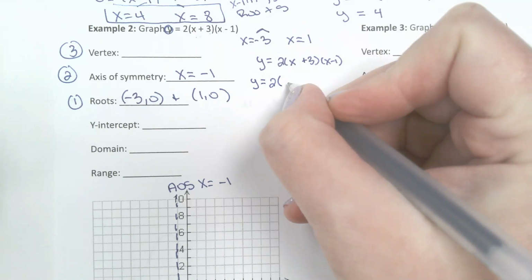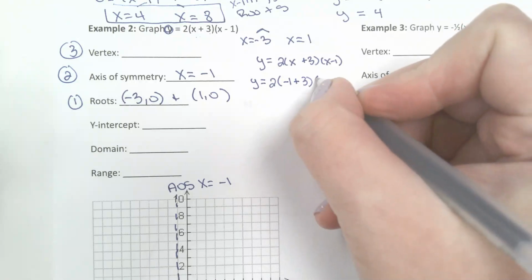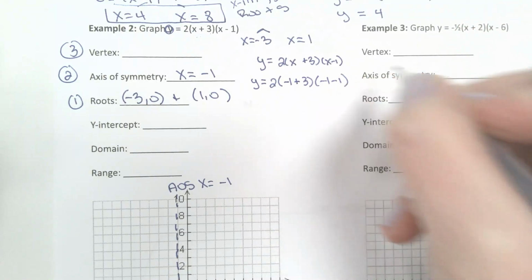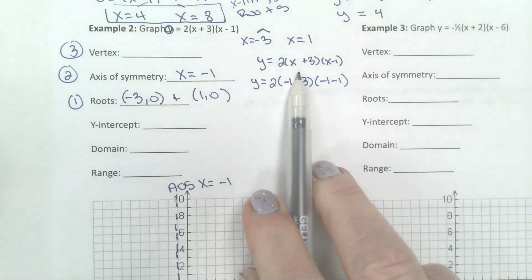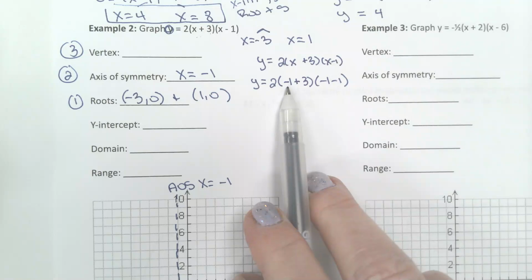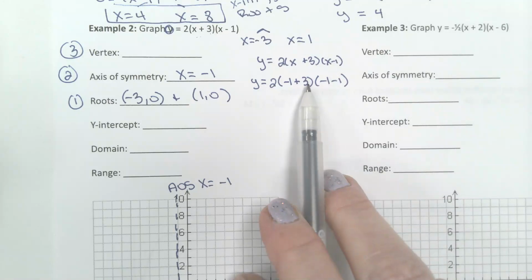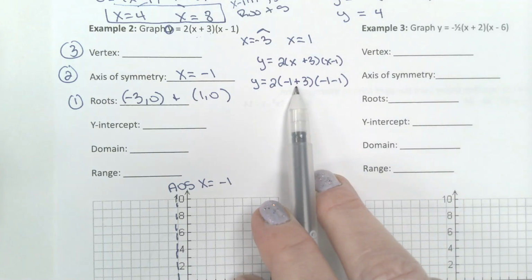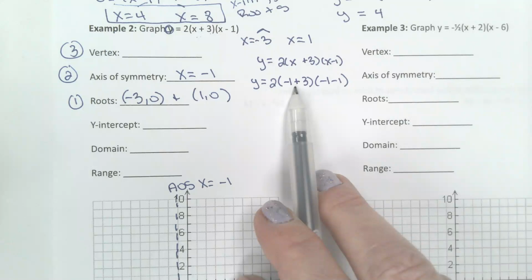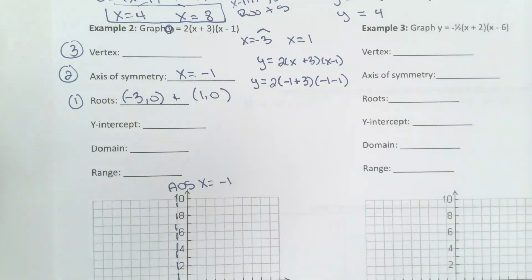I'm plugging in -1 for my x. So into my formula, I got rid of x and I plugged in -1 in those two spots. PEMDAS says do the math in the parentheses first, so do the math in the parentheses, and then multiply the three numbers together.